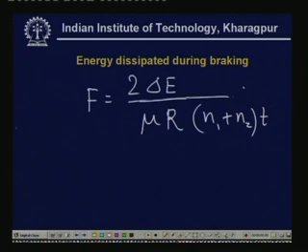So, this is the force required to give sufficient braking action. Now we have studied the energy dissipated during braking. So, this much energy will be dissipated in the form of heat.